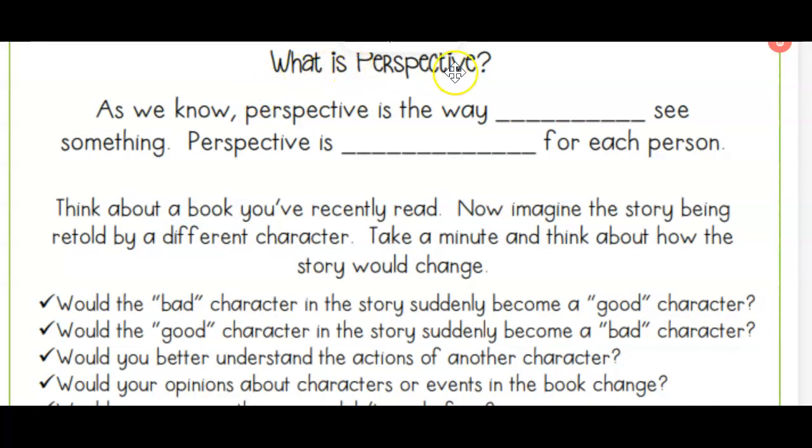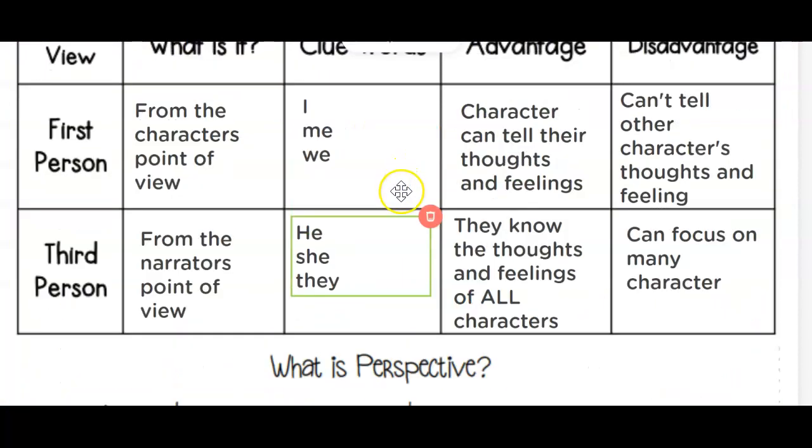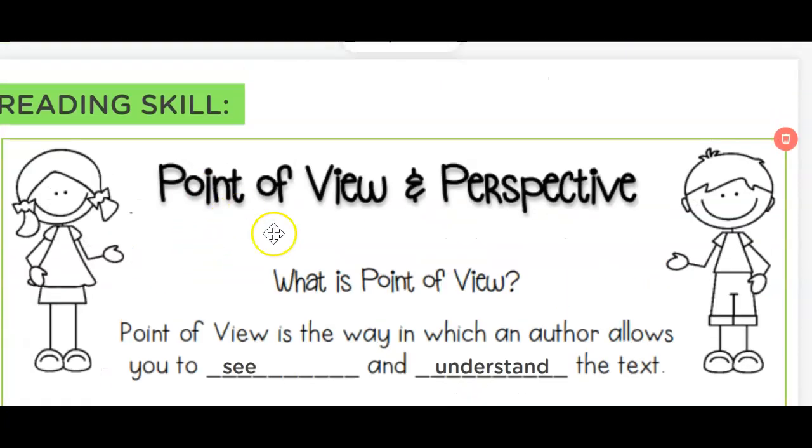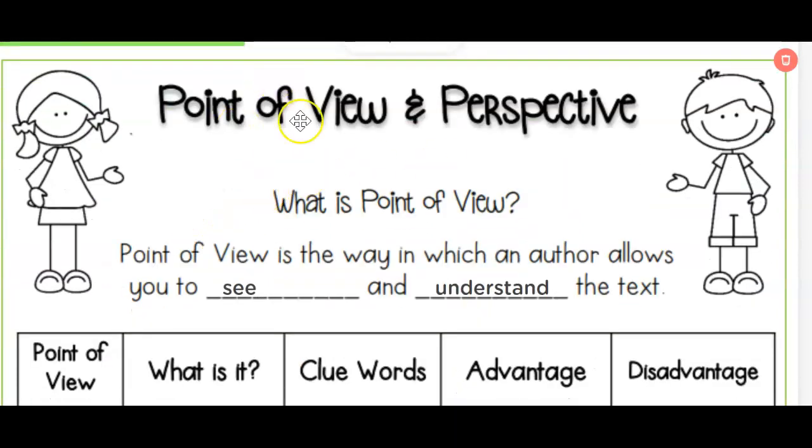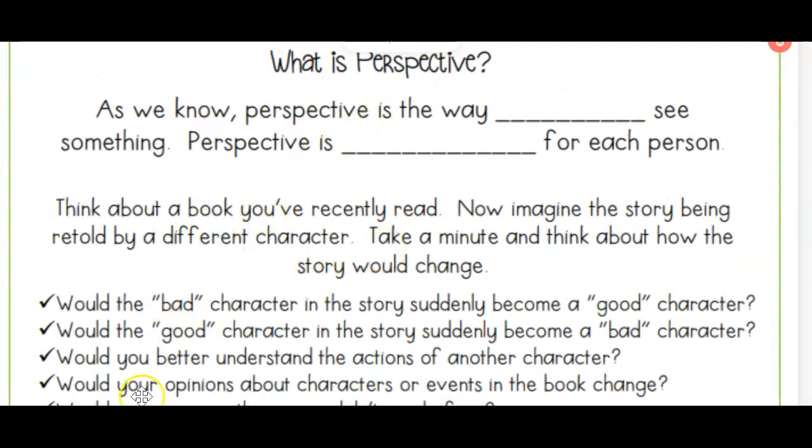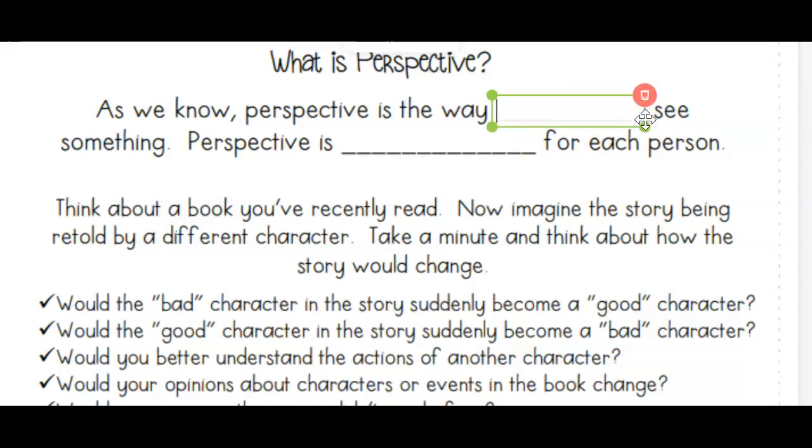Now for this bottom part, we will be looking at perspective. So we looked at two kinds of points of view. Point of view is the who. And now we'll be looking at perspective. As we know, perspective is the way a person sees something.